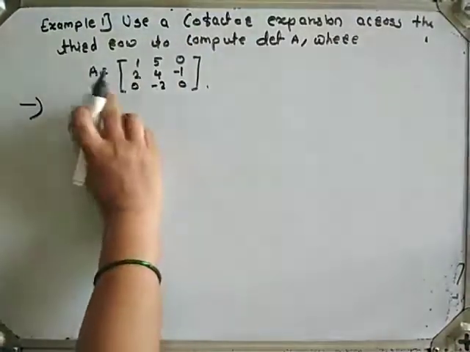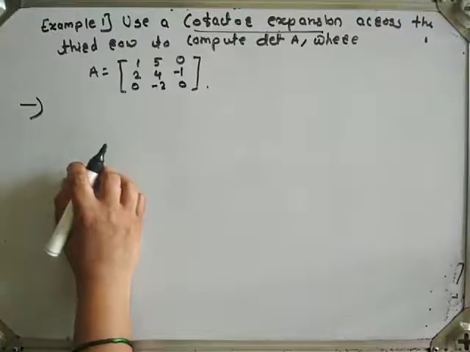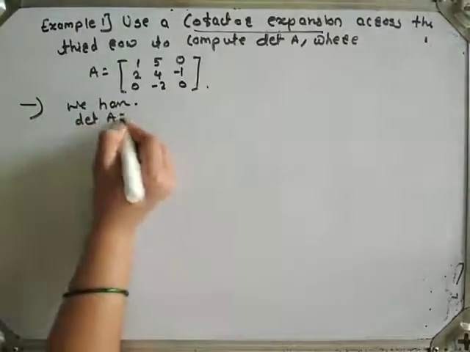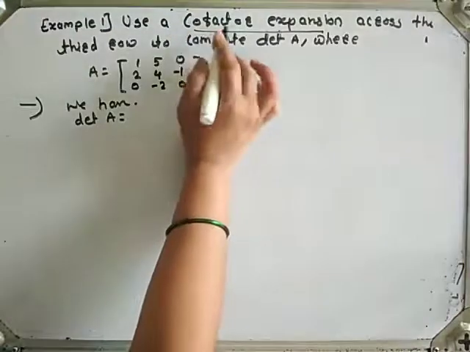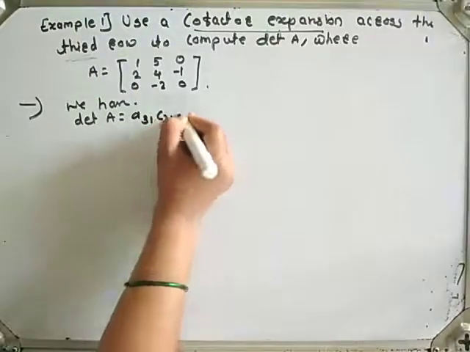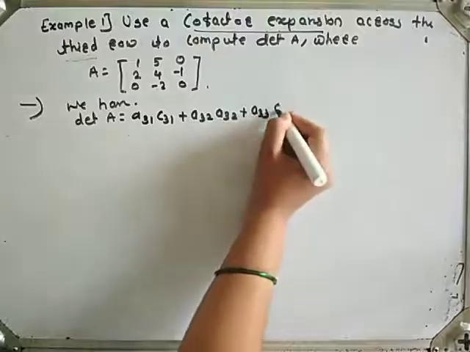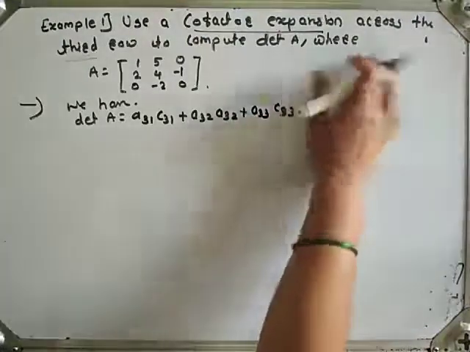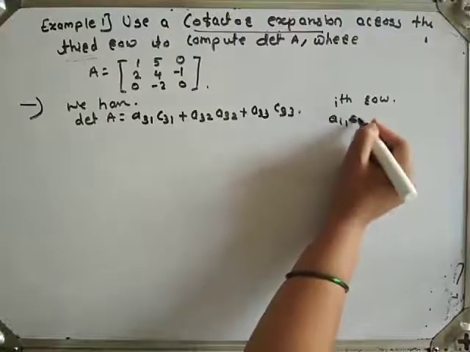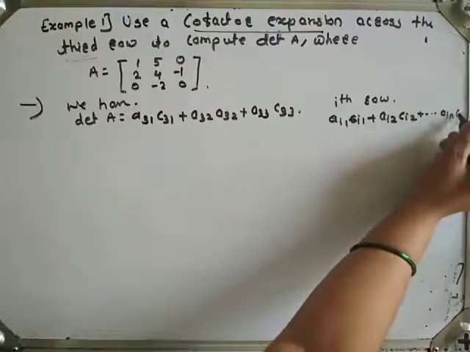Here we have to find the determinant of A by using cofactor expansion across the third row of matrix A. So the determinant of A is equal to A31 C31 plus A32 C32 plus A33 C33, because cofactor expansion across the ith row is equal to Ai1 into Ci1 plus Ai2 into Ci2 plus and so on up to Ain into Cin.